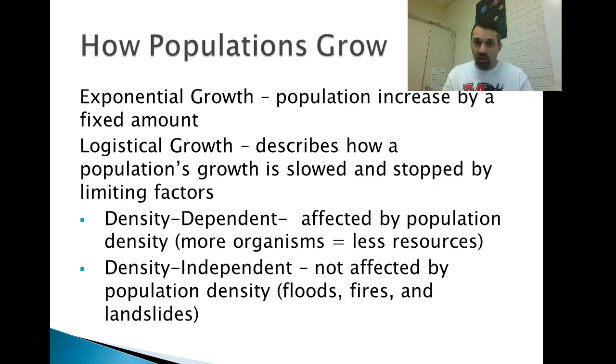Logistic growth, on the other hand, describes how a population's growth is slowed and stopped by limiting factors. An example of this would be sheep-wolf predation. The sheep start multiplying a lot, and the wolves start eating them, and then there's more wolves, and the wolves eat all the sheep, and then there's no sheep.